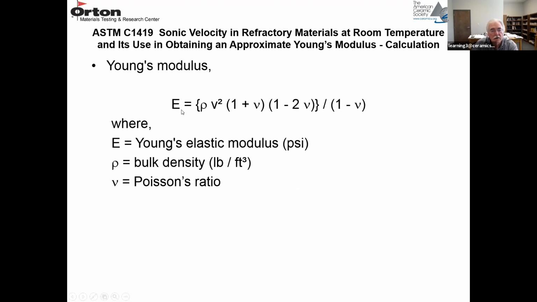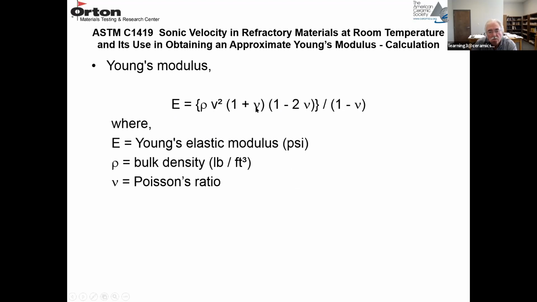To calculate Young's modulus from the velocity measurement, Young's modulus equals the density of the sample times the velocity squared. And this is where the approximation comes in on all these other terms. You have 1 plus Poisson's ratio times 1 minus 2 times Poisson's ratio, and then everything in the numerator is divided by 1 minus nu.